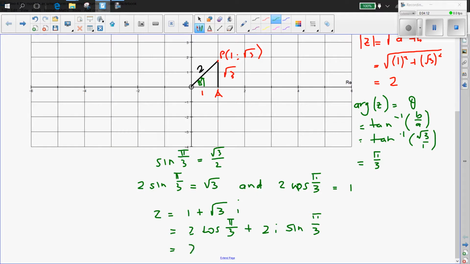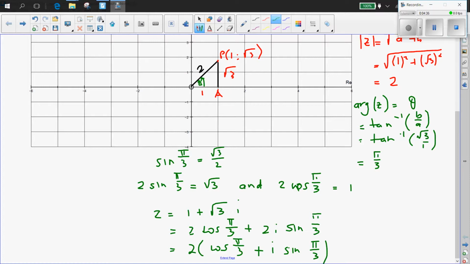So it's 2 into cos of pi over 3 plus i sine of pi over 3. This is the modulus argument form of the complex number z equals 1 plus root 3i.